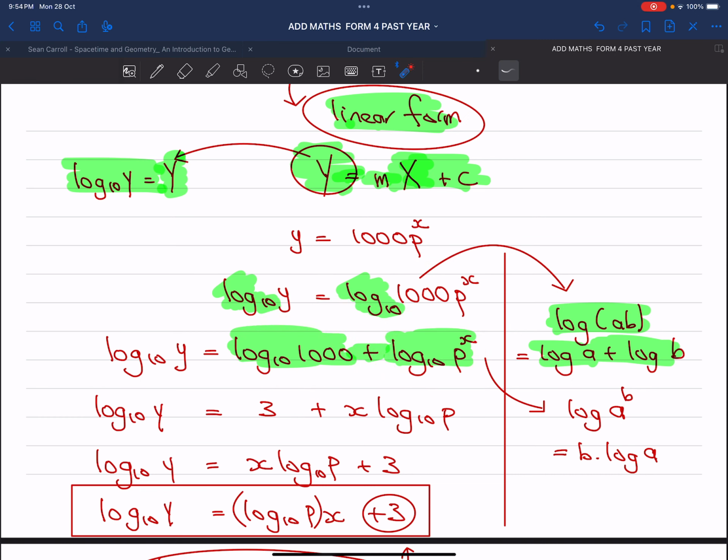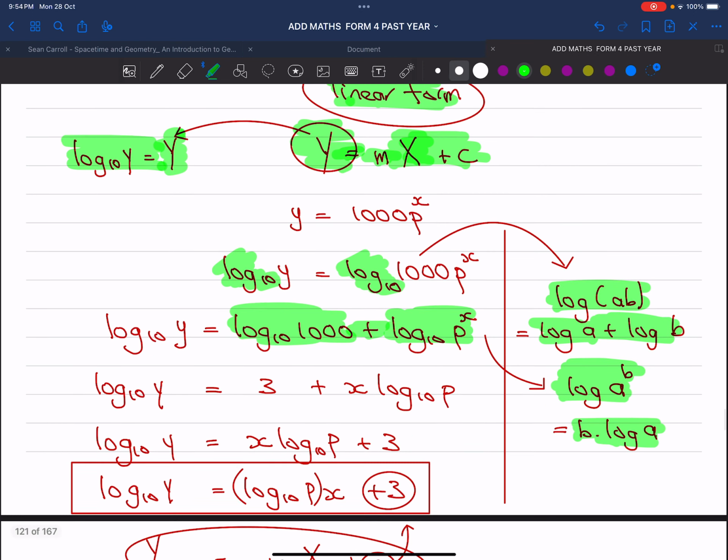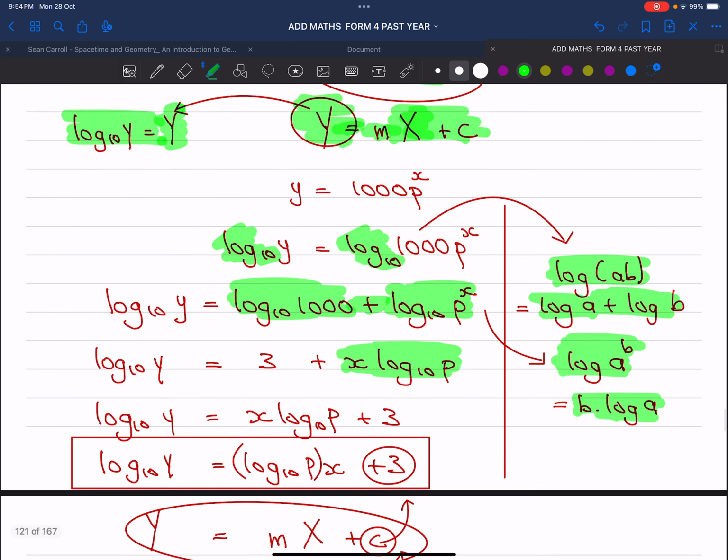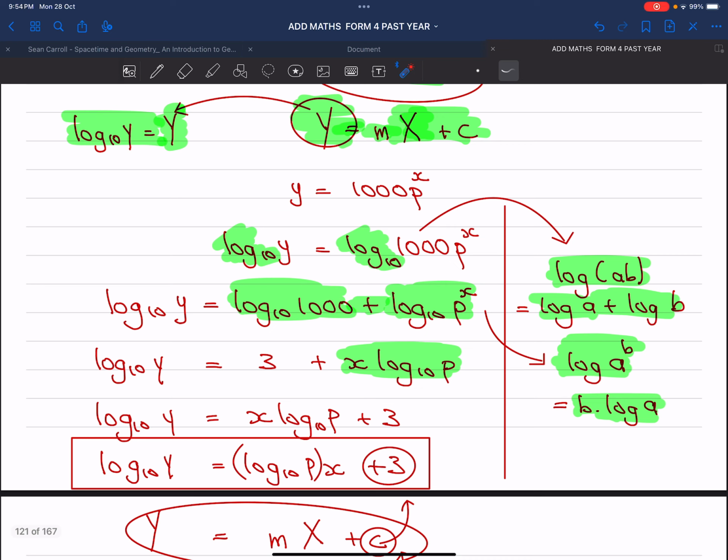Now if you look at the log p power x, we use the formula log a power b: the power b can come down and become b times log a. So that power x comes down, it becomes x times log p. All the other things I just copy back. Log y base 10, copy back.